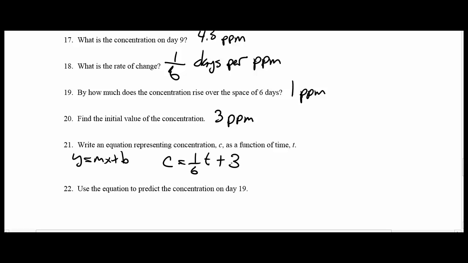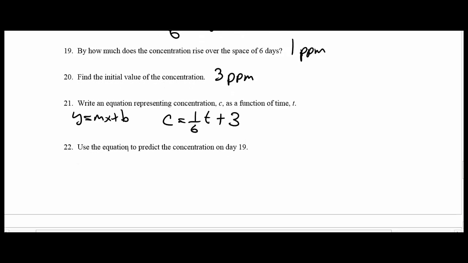And then lastly, use our equation to make a prediction on day 19. So the concentration would be 1/6 times 19 plus 3. And if I type that in a calculator, I get about 6.16 parts per million.